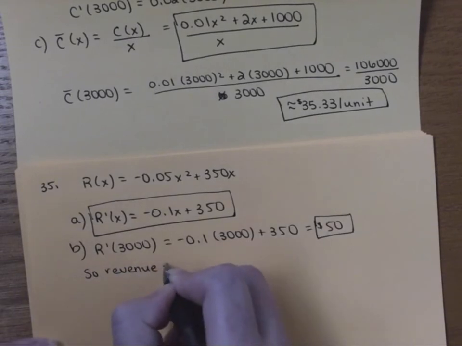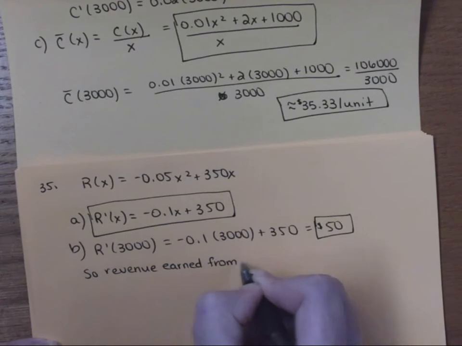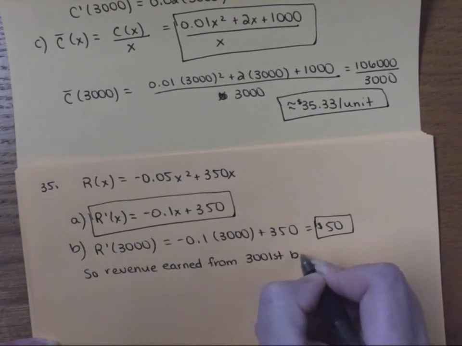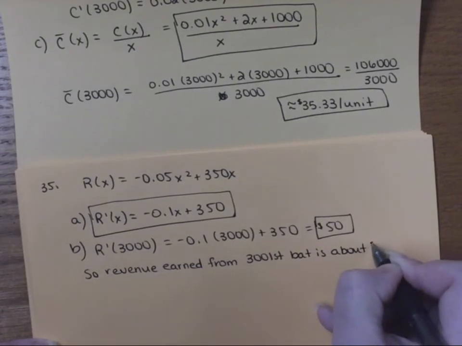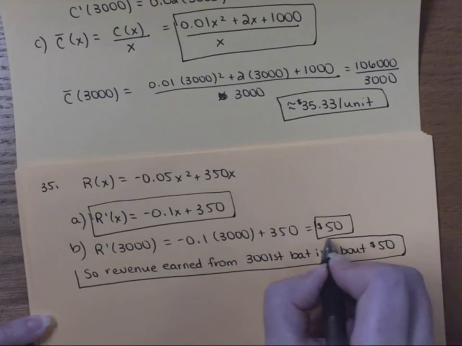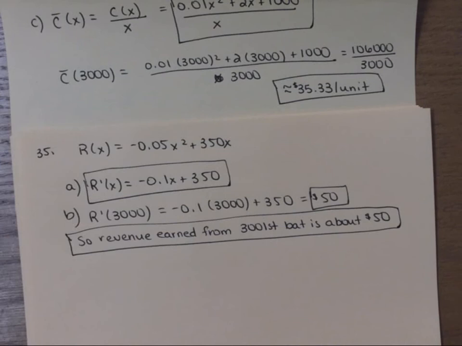So the revenue earned from the 3,001st bat or unit is about $50. That's what it means. It's a rate of change, so it's describing what would happen if we made one more or if we sold one more. That's what it's telling us.